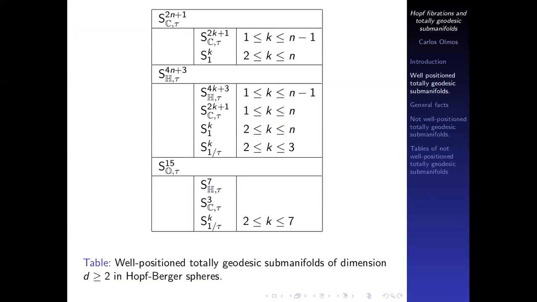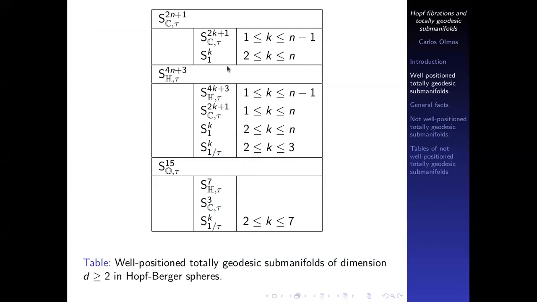So here in this table there are the standard totally geodesic submanifolds in the complex case. So there are spheres in any case, and in the other cases, so.